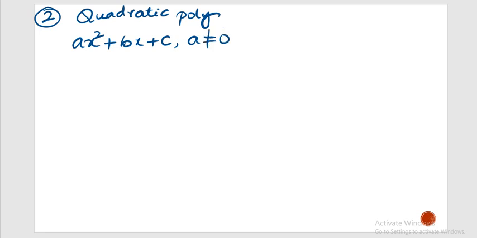So a is not equal to 0 means there are two possibilities, either a is greater than 0 or a is less than 0, because a is nothing but a coefficient, right? We call this a the leading coefficient.